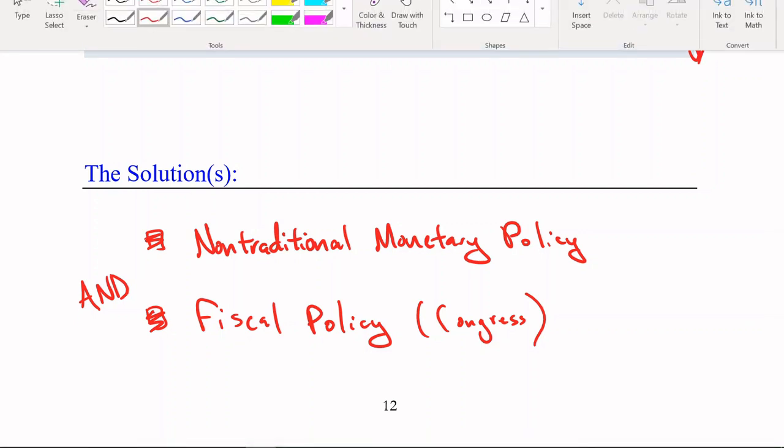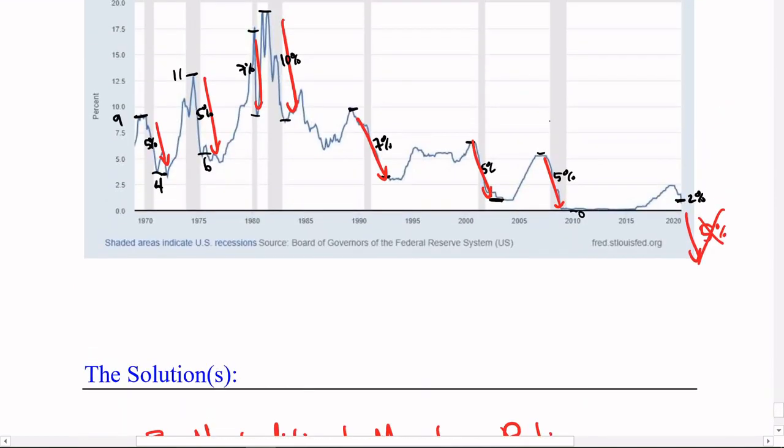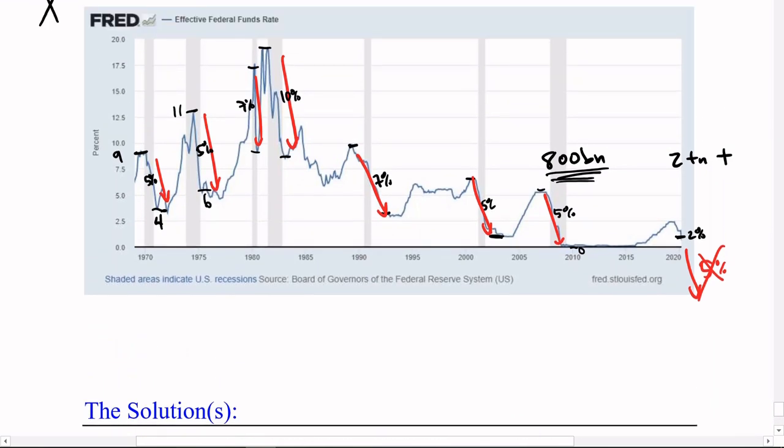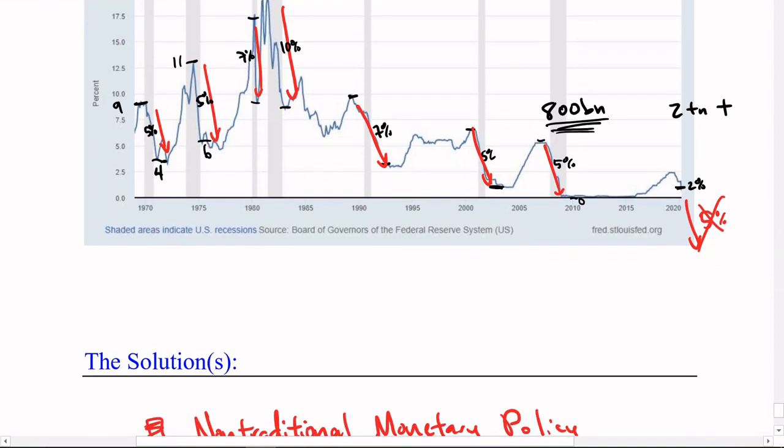Not that we didn't have fiscal policy responses in other recessions. Actually, we had a big one, $800 billion, which is actually small compared to what we've done so far here, $2 trillion plus already. We had a big 800 billion stimulus package in the Great Recession.